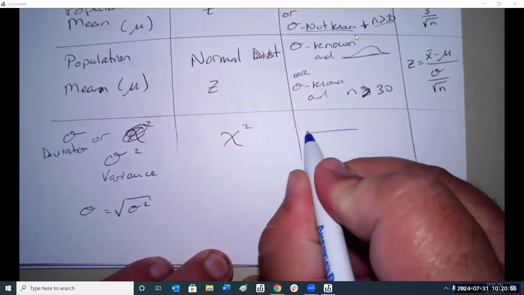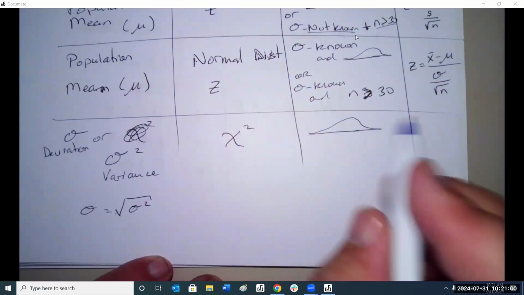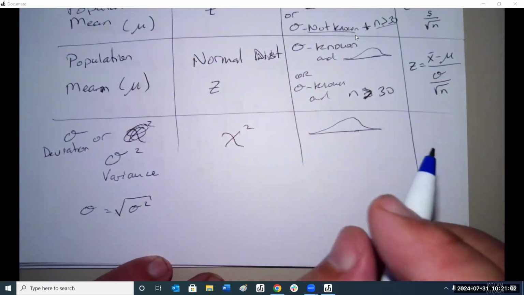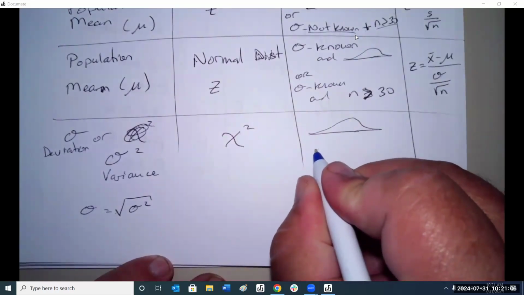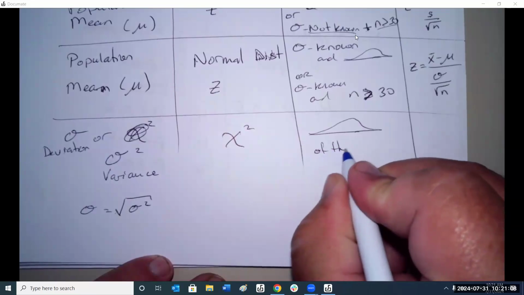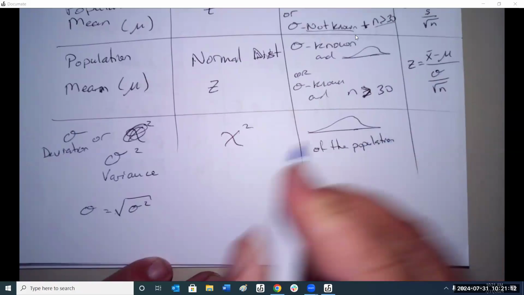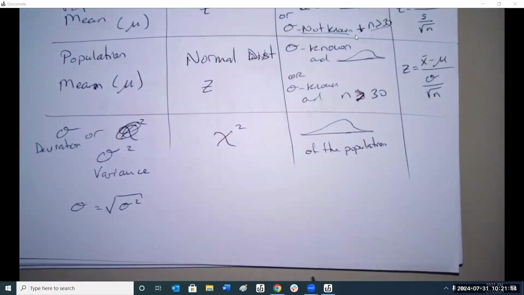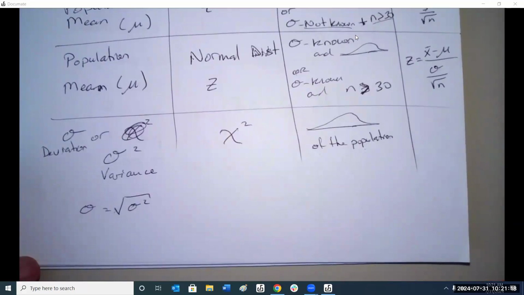For this one, it must be normally distributed and of the population. Because this is very, very strict. It has to be normally distributed and it has to be of the population.